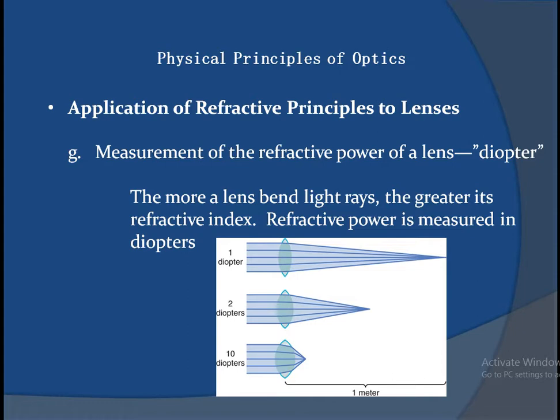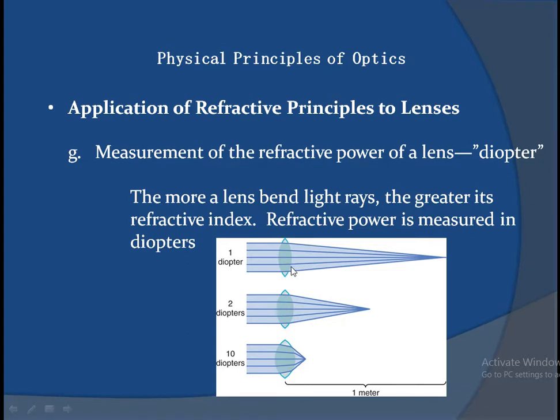If it is more globular, as you can see in this one, the refractive power increases. With the thinnest lens, the refractive power decreases and the image goes far away from the lens.